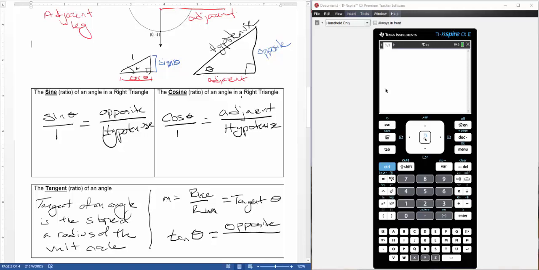That would be the length of this adjacent leg. So these three are what are called trigonometric functions, or trig functions, and these definitions are things we're going to use to solve some problems, primarily using a graphing calculator.